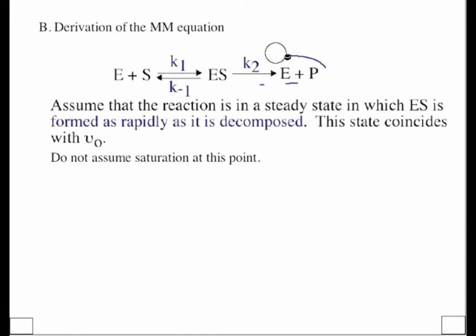Let's begin by looking at the decomposition, the two ways in which that occurs. So writing the rate equations for each one, right? We take the rate constant, K-1, times ES, the concentration of the enzyme substrate complex, plus, okay, so it's decomposed in another way, K2 times the concentration of substrate, which again is enzyme substrate complex.